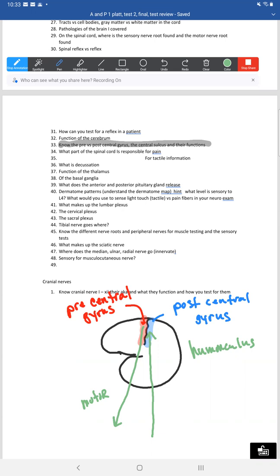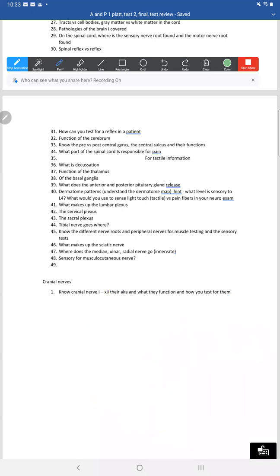Okay, what part of the spinal cord is responsible for pain? Cross section of the cord.